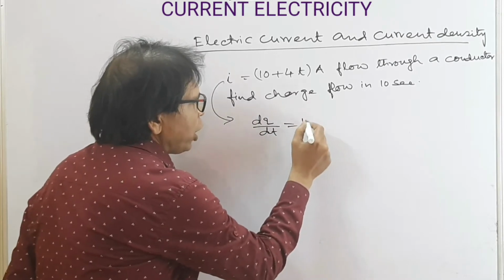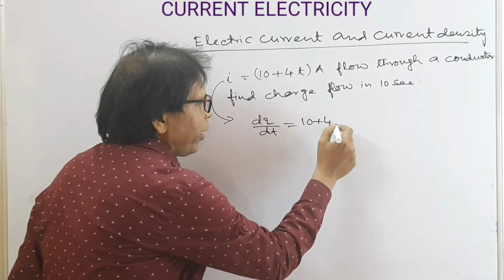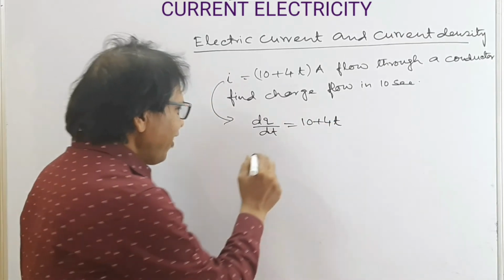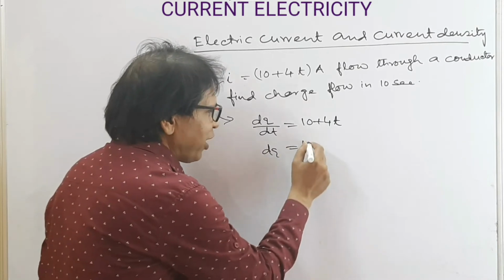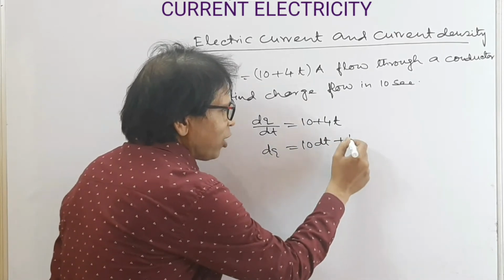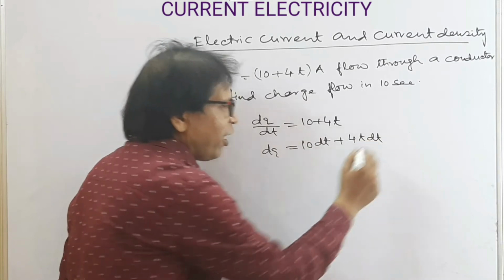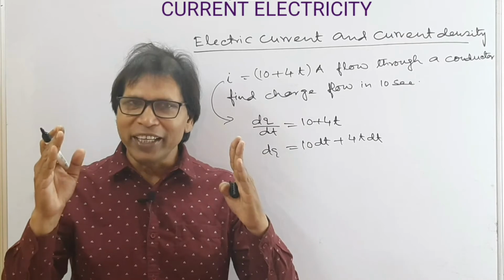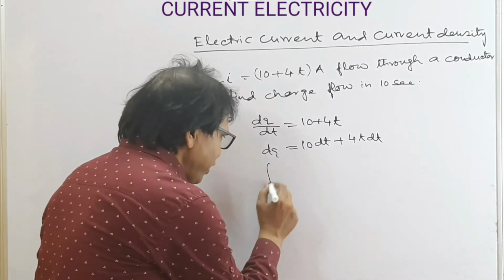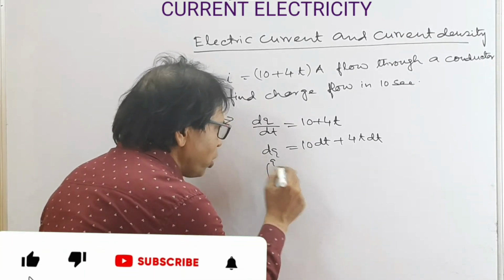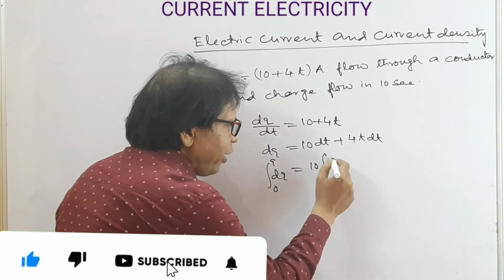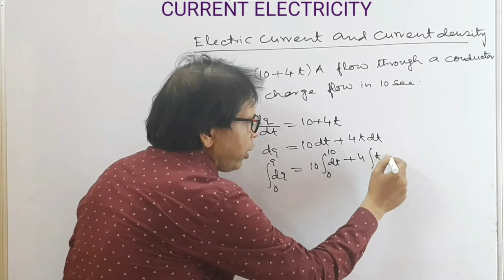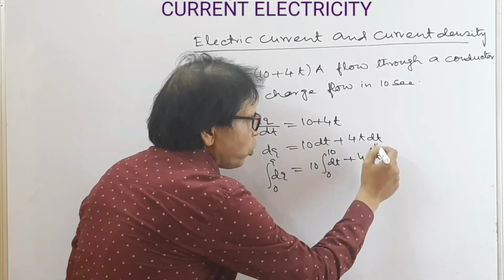So dq by dt equals 10 plus 4t. Now dq equals 10 dt plus 4t dt. Integrating from 0 to 10 seconds, we get the charge: integration of dq from 0 to q, 10 dt from 0 to 10, and 4t dt from 0 to 10.